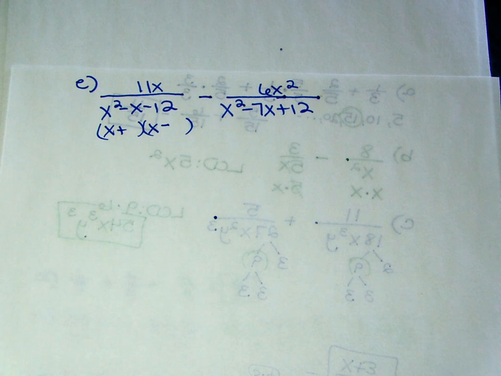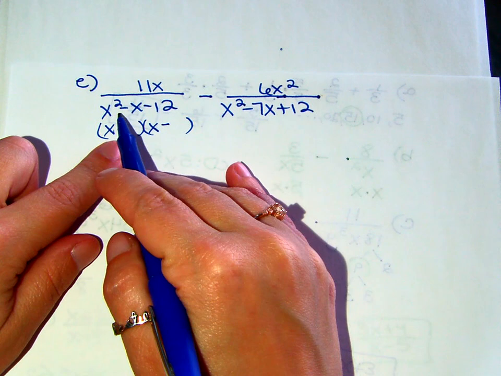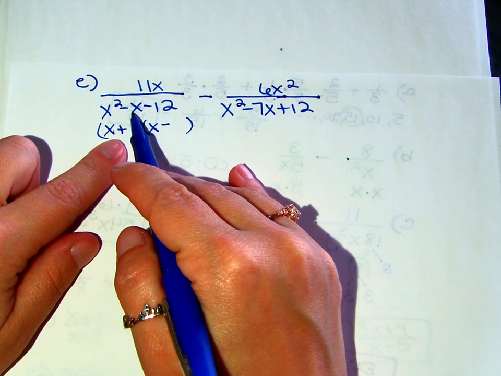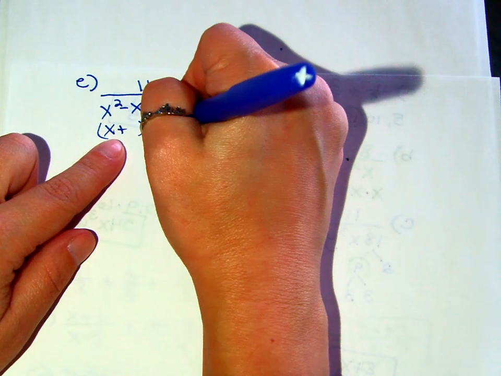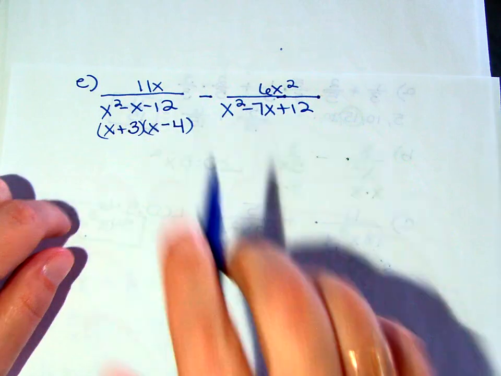Which one of those sets will give me a 1 when I subtract? Which one? 3 and 4. Exactly right. Now, since my signs are different, I do have to pay attention where I put them. Since it's a negative x, I need to have more negatives than positives. So I'm going to put my 4 with the negative, and then I'm going to put the 3 with the positive. Again, you can always check your FOIL to make sure it works.